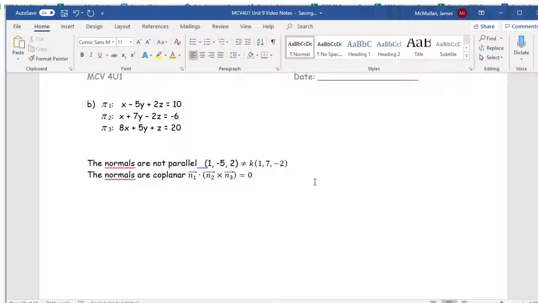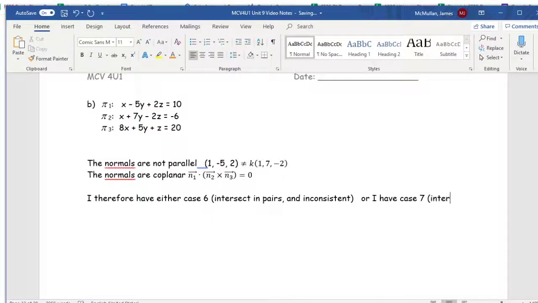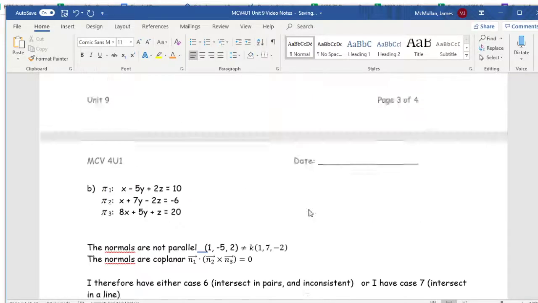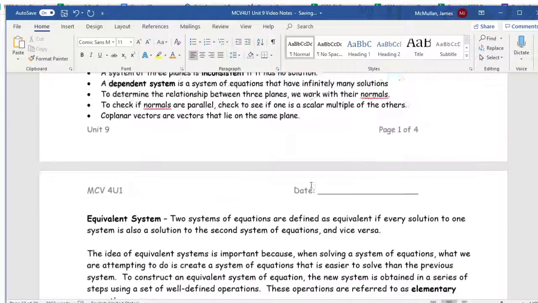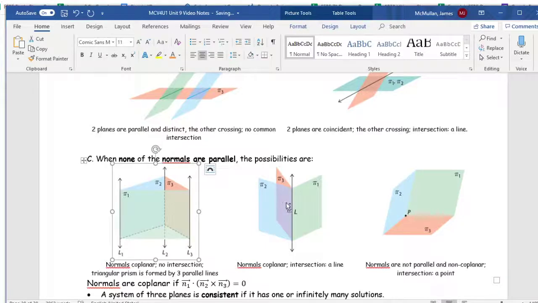So what this means is I therefore have either case 6, which is intersect in pairs and inconsistent, like there's no answer to that one, or I have case 7, which is they all intersect in a line.